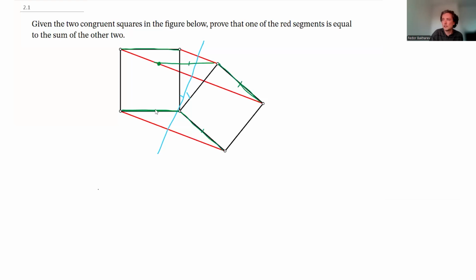So these sides are equal and pairwise parallel. And thus we see that these two triangles are equal. You could just shift one of them and get the other.